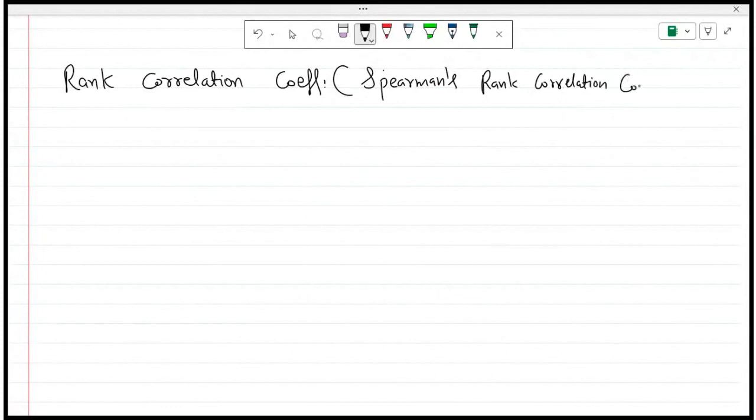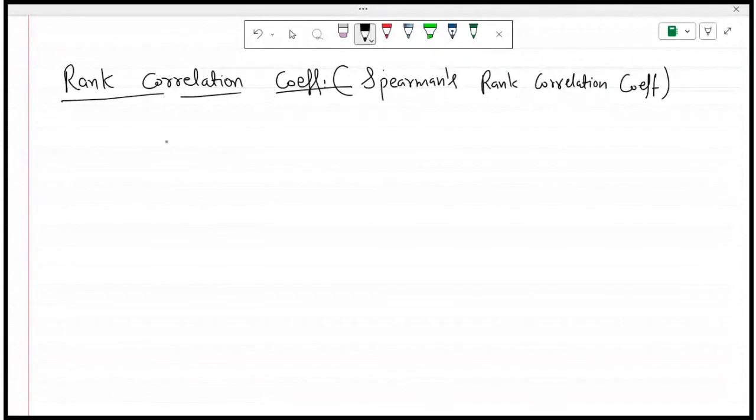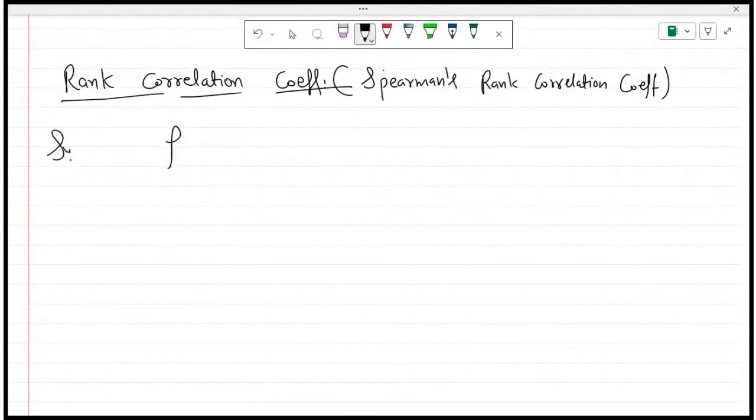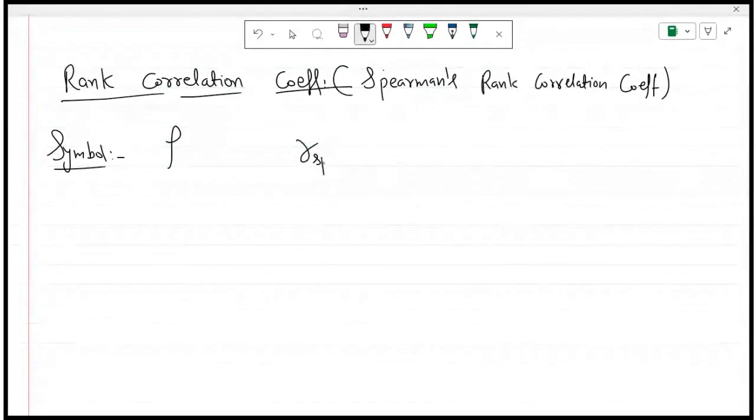Okay. And in some books, the symbol for this is rho, and in some other books, R of SP is also used to denote this rank correlation coefficient.